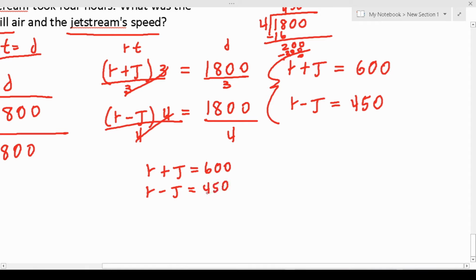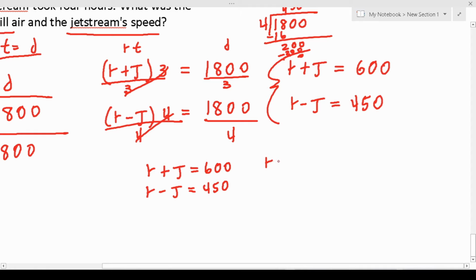Again, this is our system of equations. In a system of equations, you want to try to eliminate one of the variables such that you can solve for the other variable. In this case, if I simply take this bottom equation and add it to this top equation, you can see that that variable j will disappear. So let's go ahead and do that.